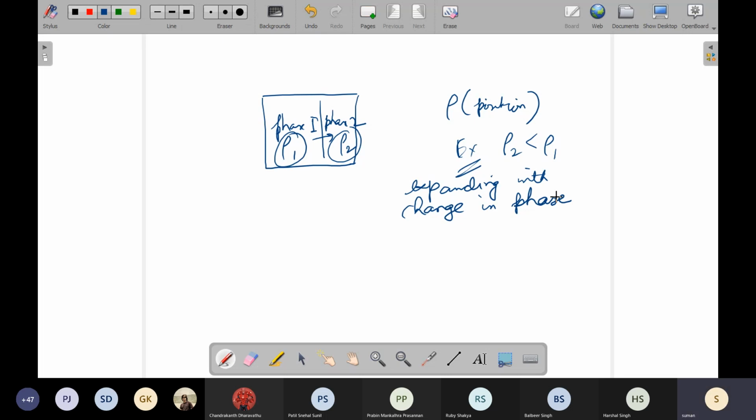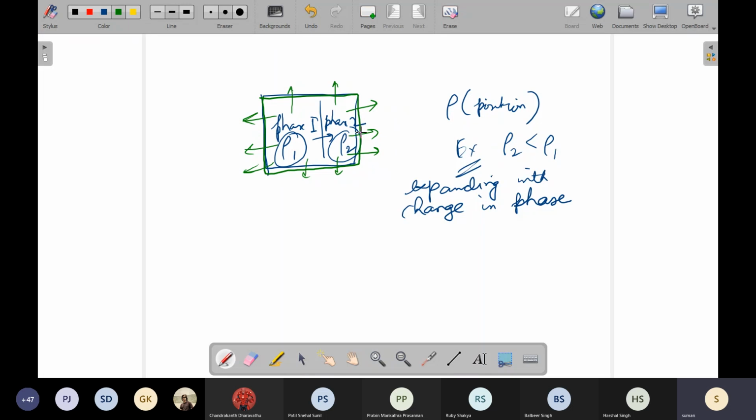So when it is expanding with change in phase, what will physically happen? See, this is a fixed volume that we have considered, but an open volume, not a rigid tank or something. It's a conceptual fixed volume. So when you have this conceptual fixed volume and there is expansion, that expansion has to be accommodated by a flux of fluid, which, whatever is the possibility, will go out of this, because the volume's sanctity has to be maintained.